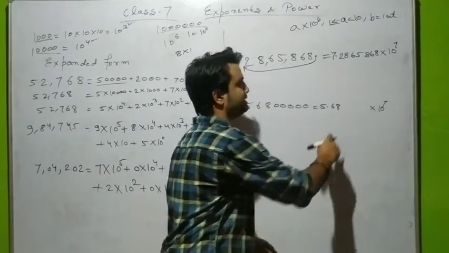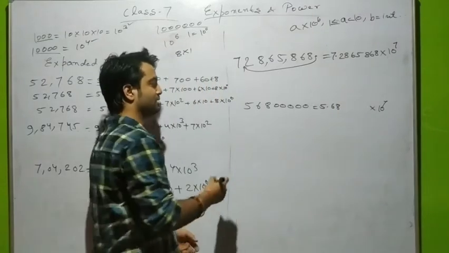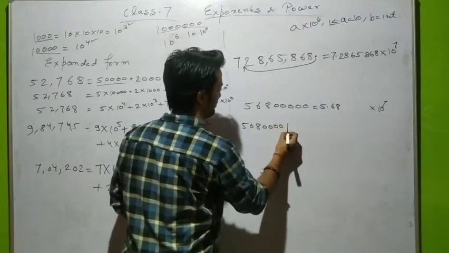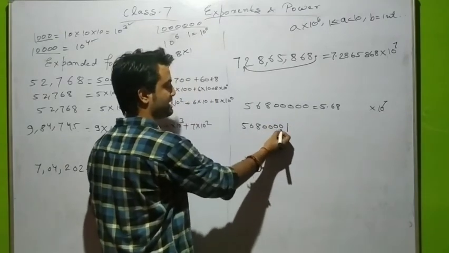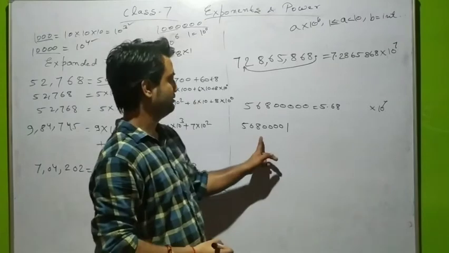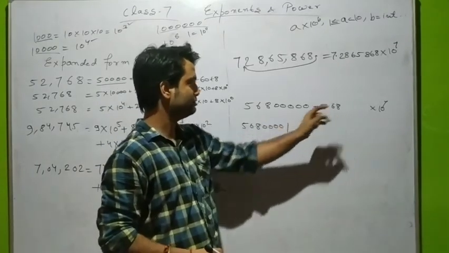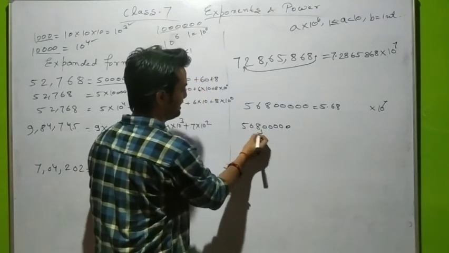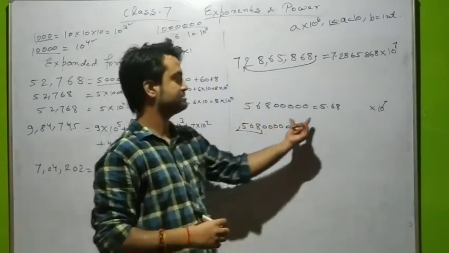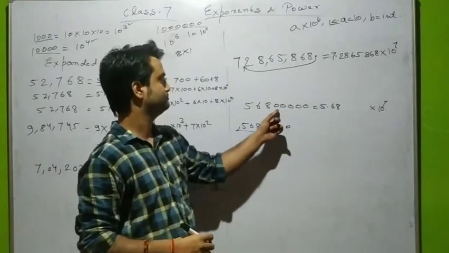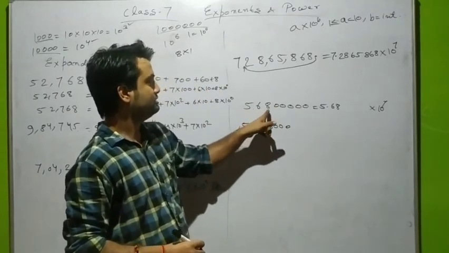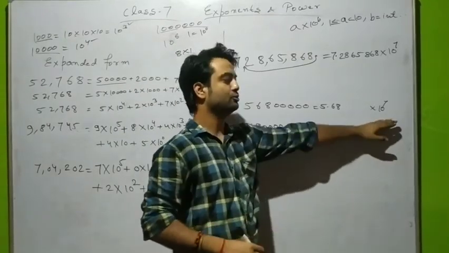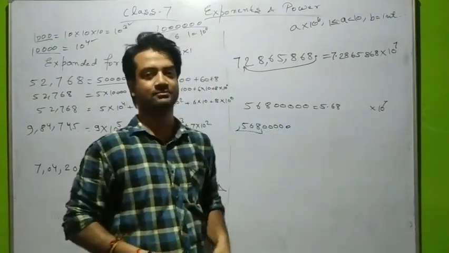Like if it is 5, 6, 8, 1, then all the zeros have some meaning, and in that case you have to write those zeros. If all the remaining digits are zeros, then after the digits which have meaning you can stop writing zeros. So 5 crore 68 lakhs can be simply written as 5.68 into 10 raised to the power 7.